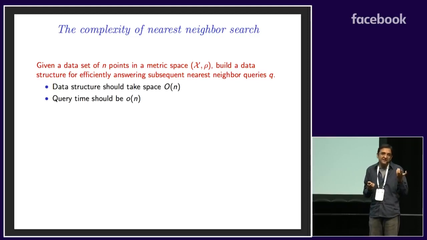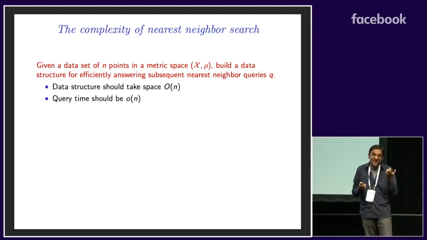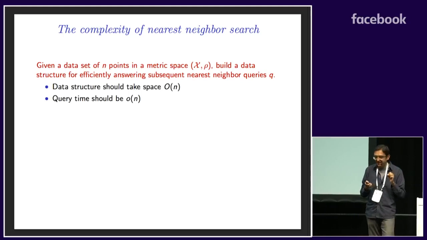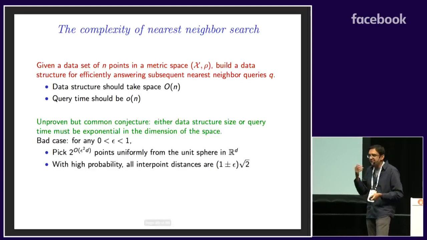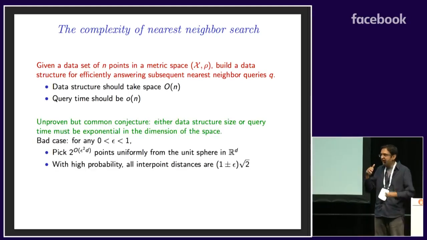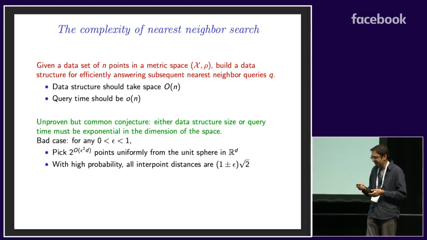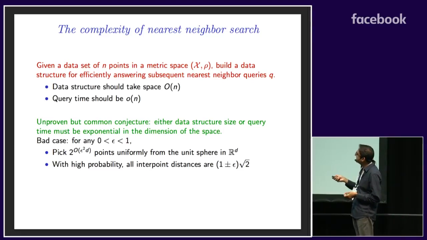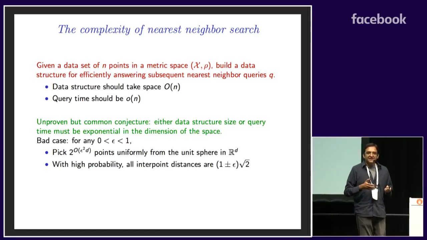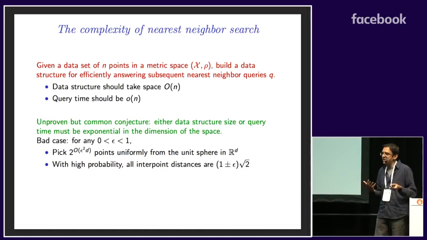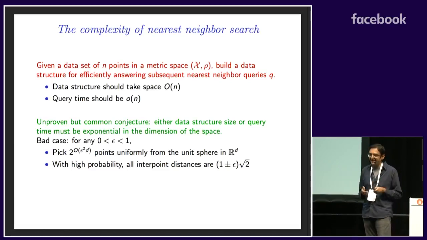And unfortunately, the dependence seems to be exponential in the dimension. Behind a lot of the work in fast nearest neighbor search, there is this unproven but very common conjecture that something exponential in the dimension is going to creep in.